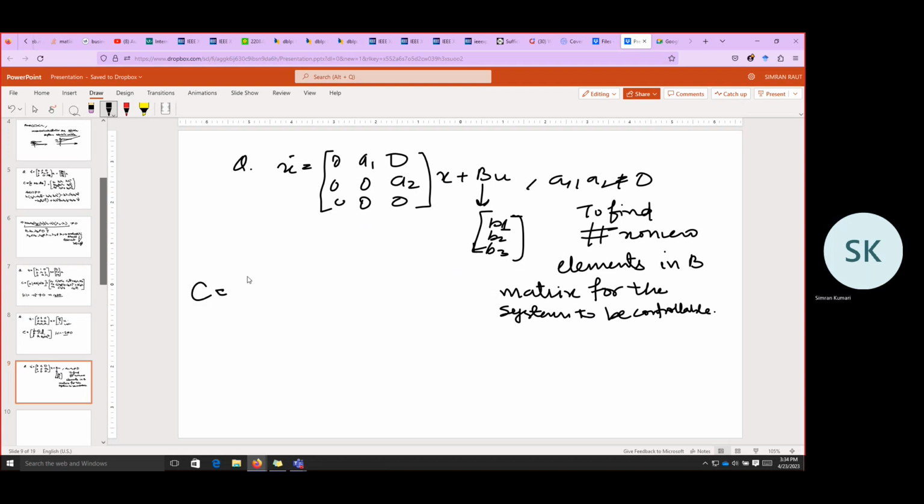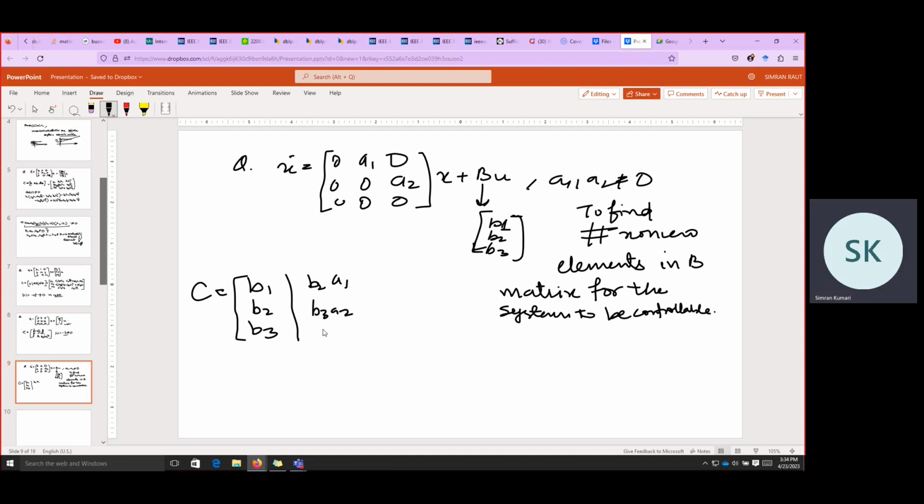Okay, let us determine this controllability matrix. Suppose that B1, B2, B3 are the elements of the matrix. So we have this, then B2, A1, this B3, A2, 0.